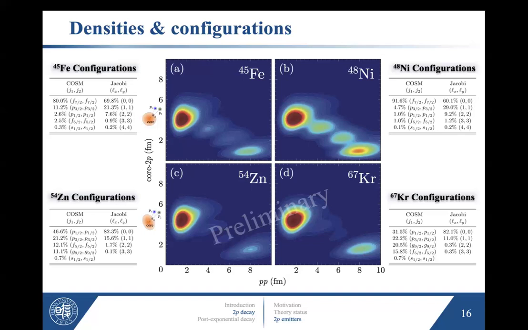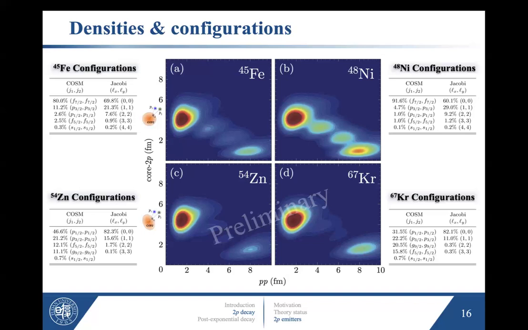When we go to heavier mass systems like zinc and krypton, we found that the deformation will impact these structures. The deformation brings mixing between different orbitals. So in these two cases, they have a certain amount of P-wave configurations. As a result, there are only two distinguished peaks in these two systems.